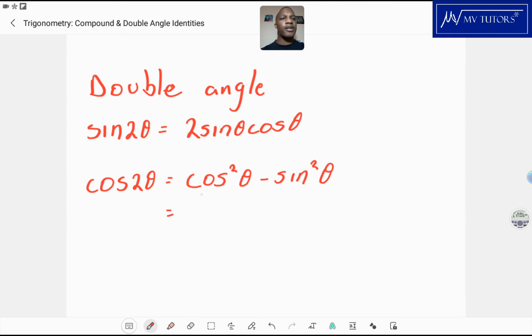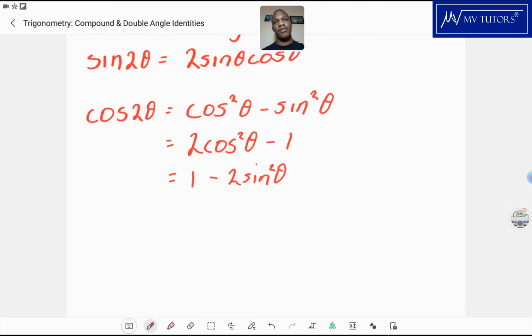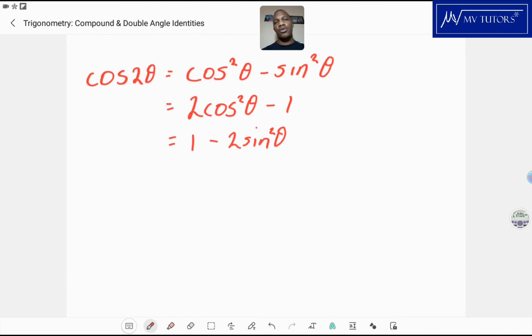The other one is also equal to 2 cos squared theta minus 1. It's also equal to 1 minus 2 sine squared theta. If you want me to manipulate this, I can do it for you very easily, but for the purposes of this video, let's not do that because these formulas you are given in any case.